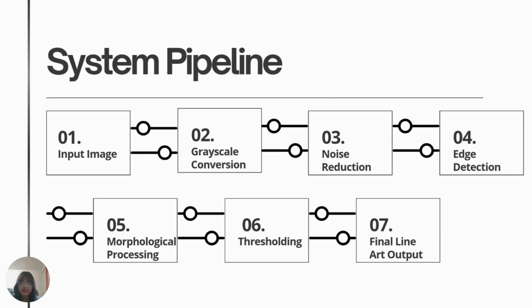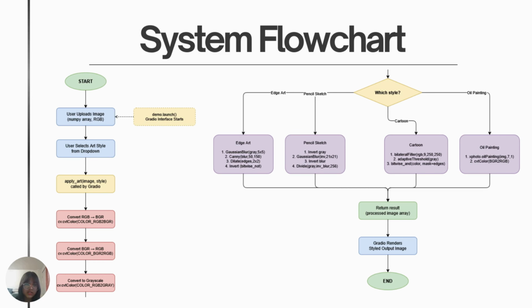So this is our system pipeline. This system pipeline shows that the process starts from importing an image of a photograph. Then it goes through grayscale conversion and noise reduction, edge detection, morphological processing, thresholding, and the final edge output. So this will be our flowchart. When we get the image, our system will do some computer vision processing here, and then we have four features for choosing the art style.